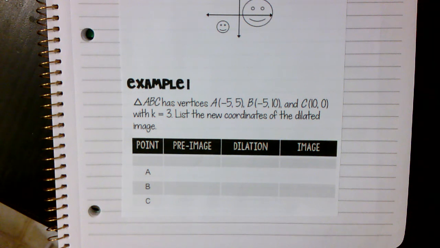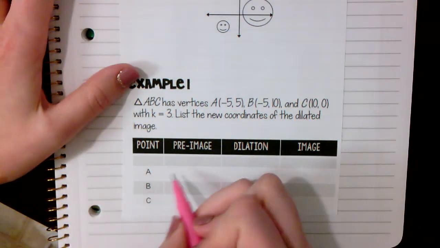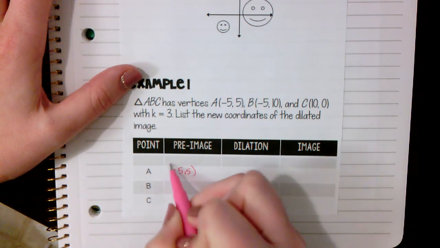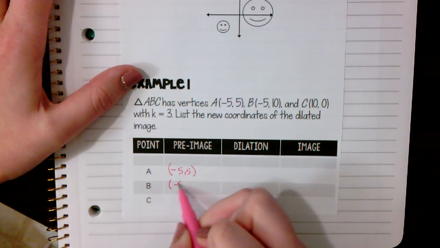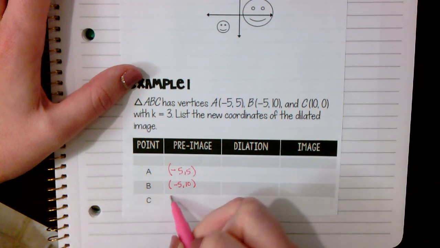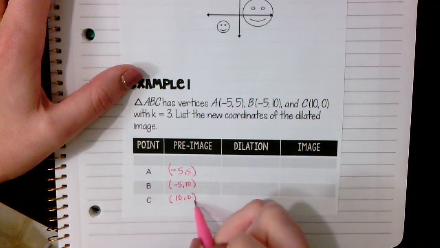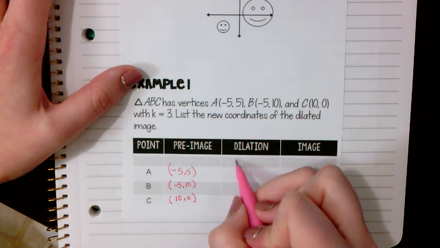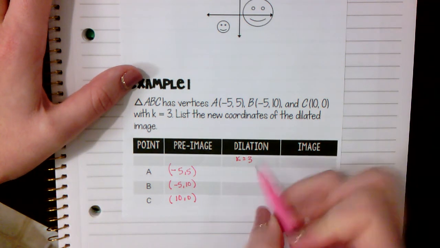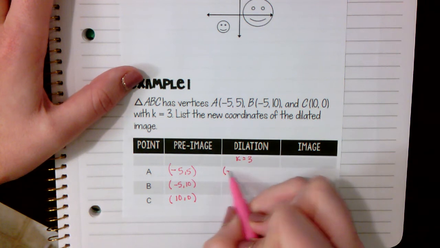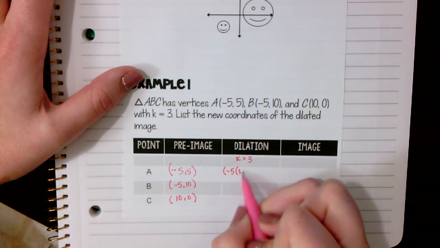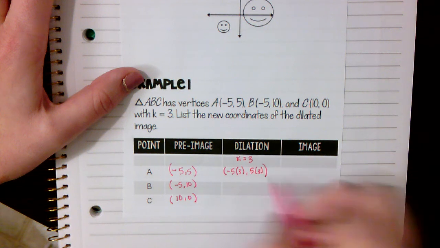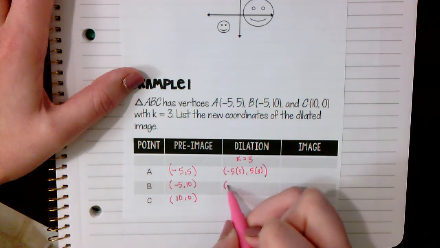Your pre-image points: A is negative 5, 5, B is negative 5, 10, and C is 10, 0. Our dilation is 3, so our K value is 3. What I'm going to do is multiply every number by 3, and I'll get a new image.